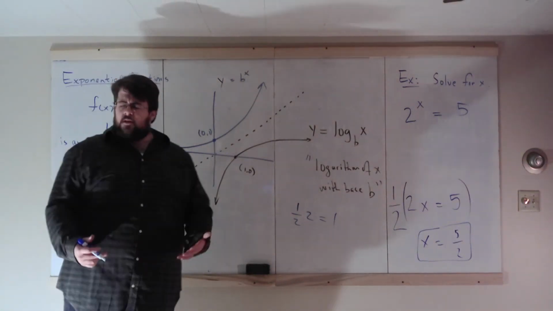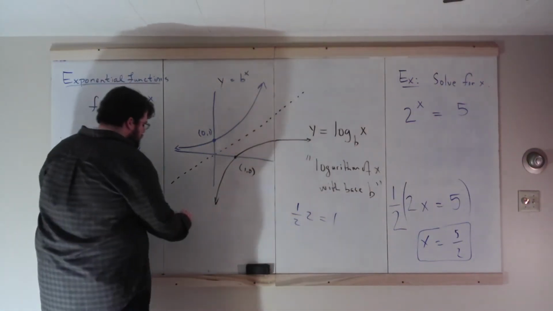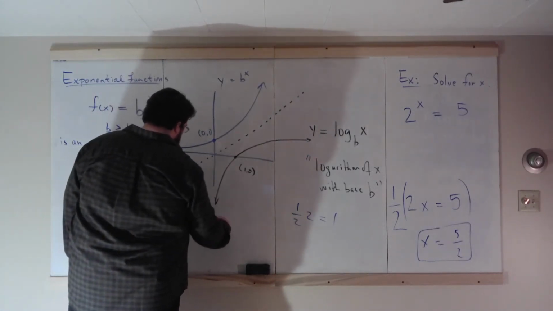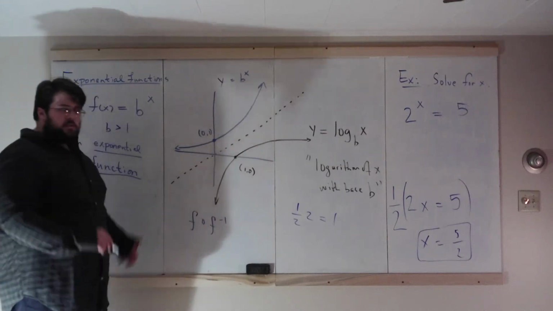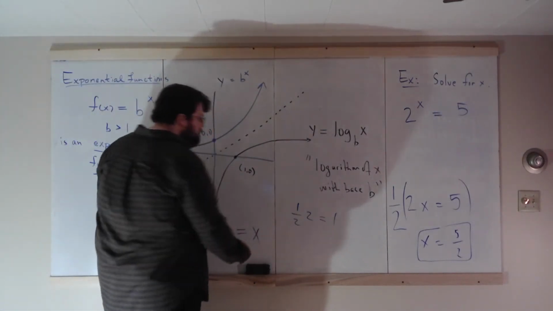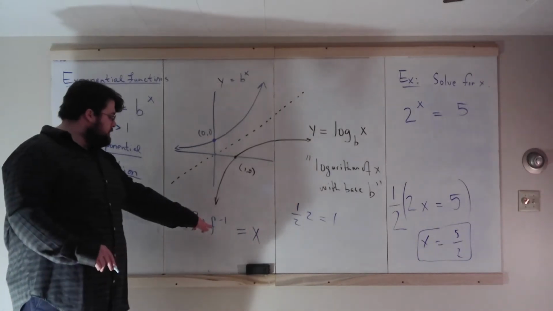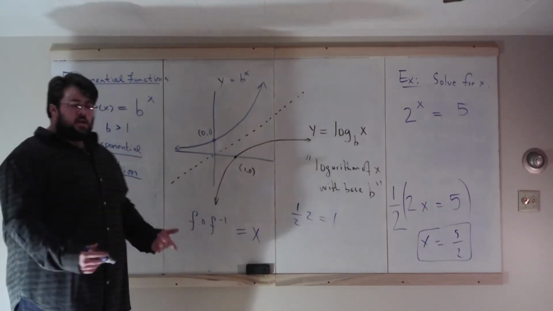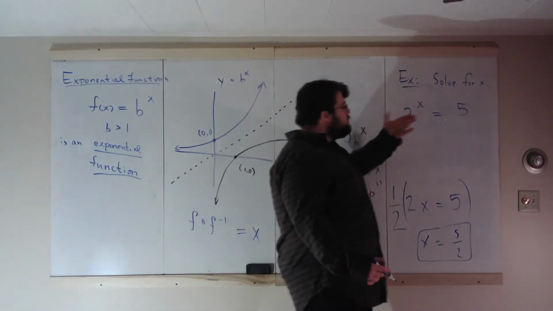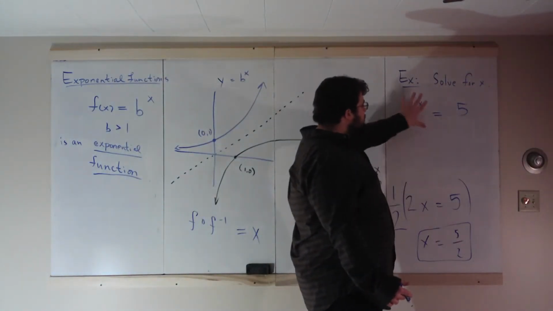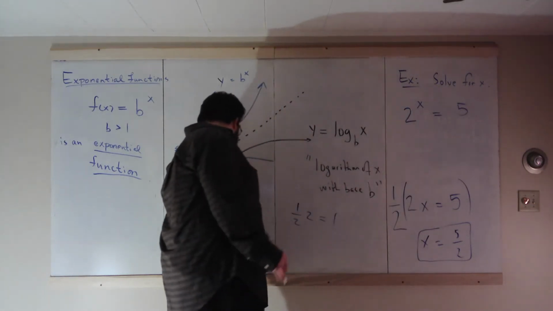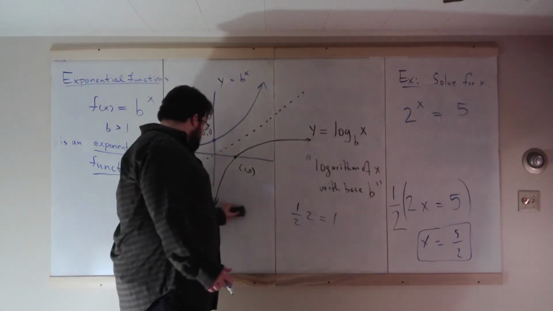What was the definition of an inverse function? An inverse function said you could use composition and be left with just x. You could use composition in this direction or the other direction and get just x. And that's what we want to do here. We want on the left side to be left with just x, because our directions say solve for x.